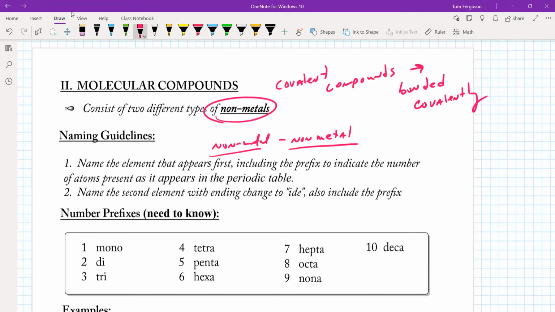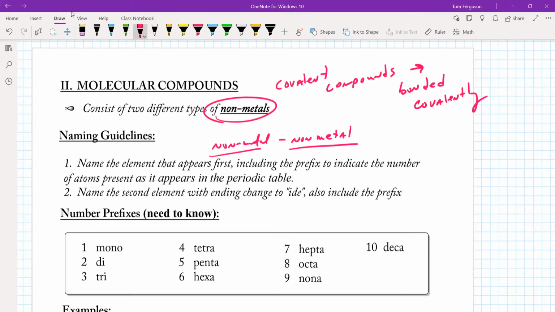which we'll cover tomorrow. Okay, so we have a non-metal bound to a non-metal, like oxygen to oxygen, or hydrogen to oxygen, or nitrogen to, okay, all those are non-metals binding to themselves covalently.